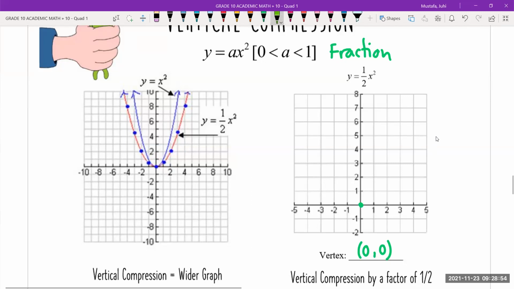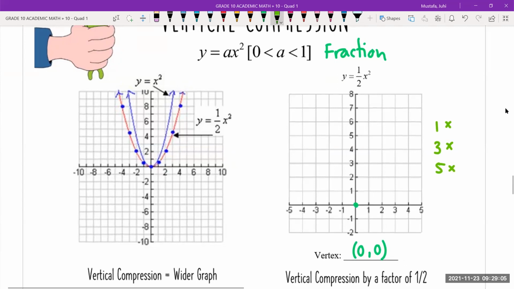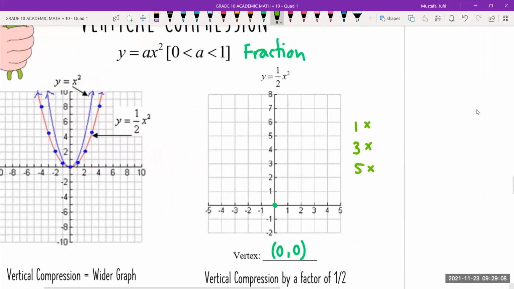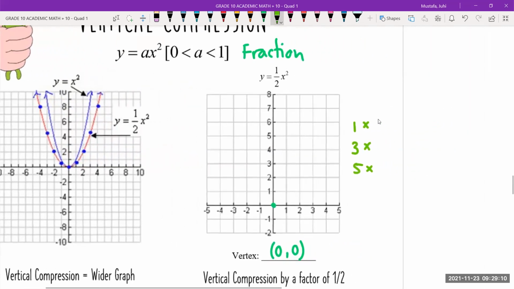All right, now let's write down our step pattern, 1, 3, and 5. What are we going to multiply each one of these numbers by? Yeah, we're going to multiply it with whatever number is in front, which is going to be a half.